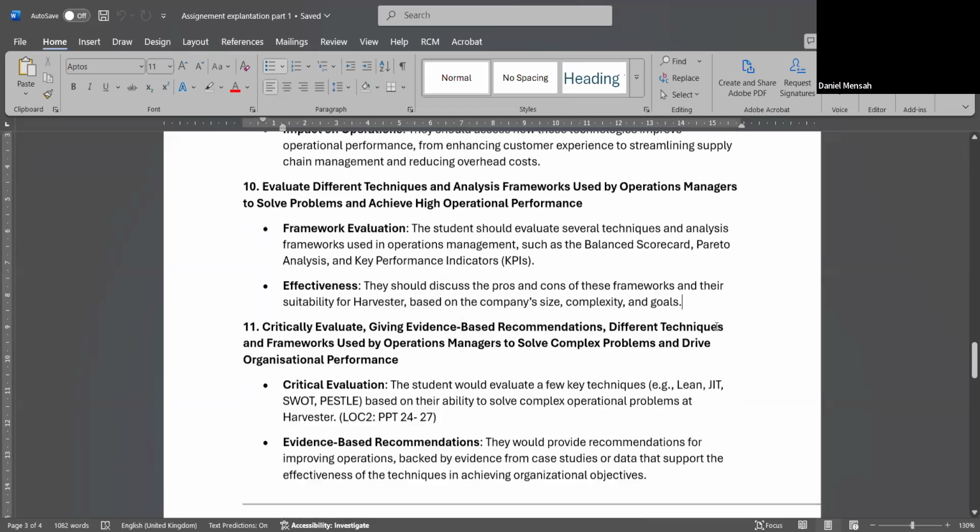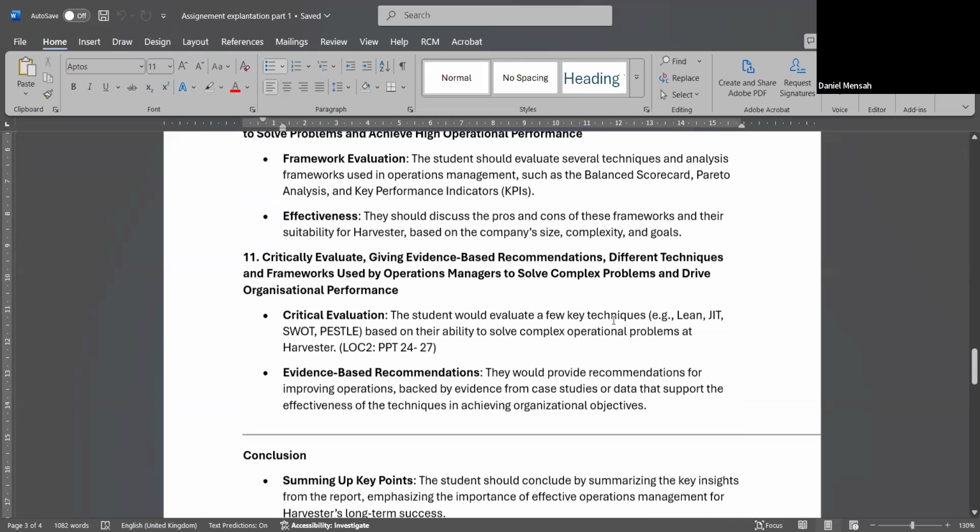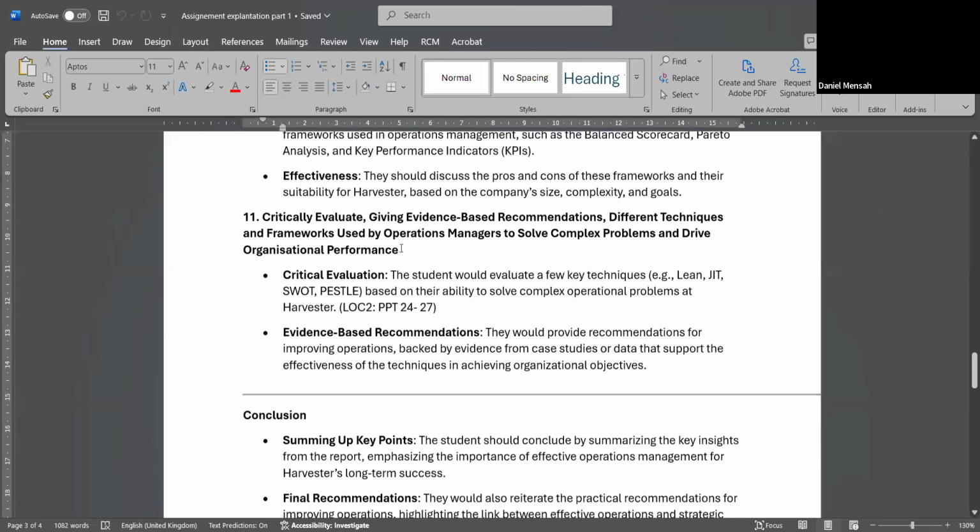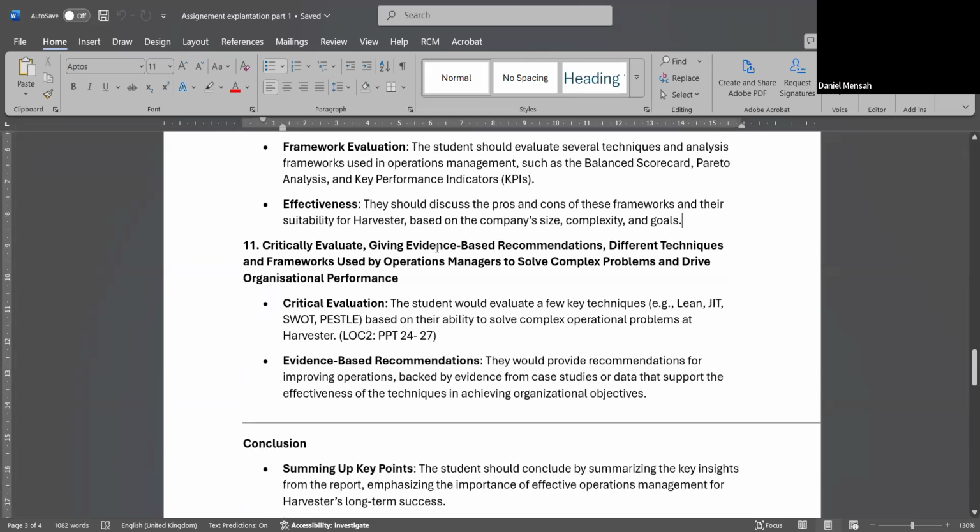The last part: critically evaluate, giving evidence-based recommendations, different techniques and frameworks used by operation managers to solve complex problems and drive organization performance.